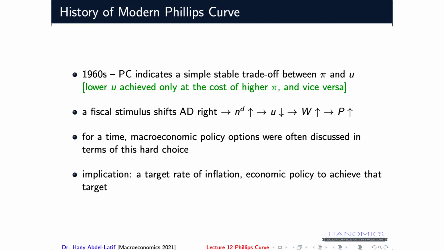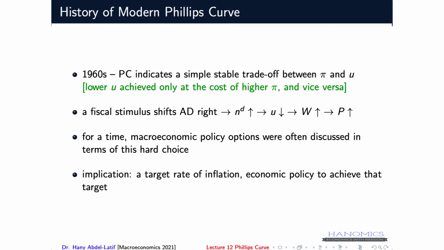And then if the unemployment rate is lower, which we discussed before when we talked about labor markets, during good times when the unemployment rate is low, firms compete to attract workers, and to do that they need to offer higher wages.